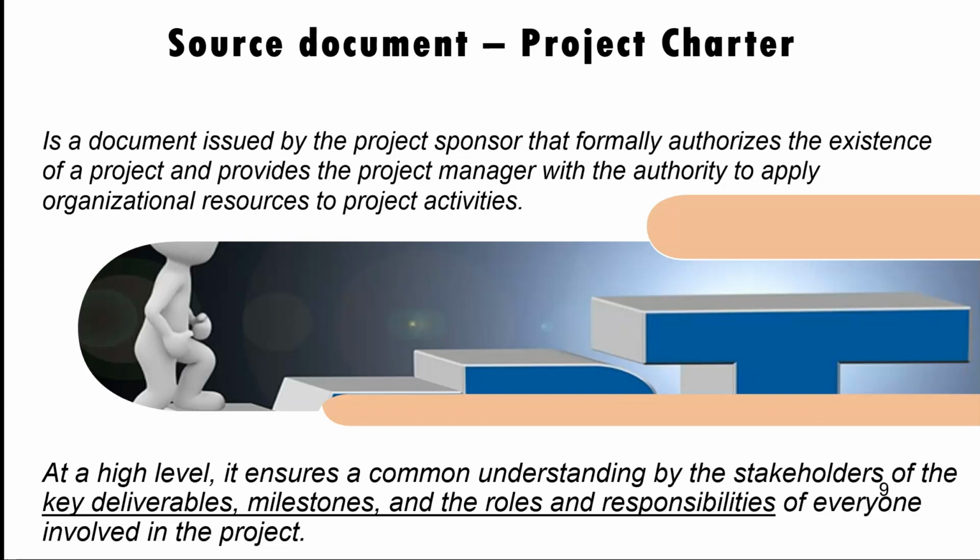It's only when this charter is done that he can go out and spend the money. Okay, at a high level, it ensures a common understanding by the stakeholders of the key deliverables. Well, you know what we're talking about with deliverables now. Milestones, which are the key dates that certain things have to be done on, and the roles and responsibilities of everyone involved in the project.